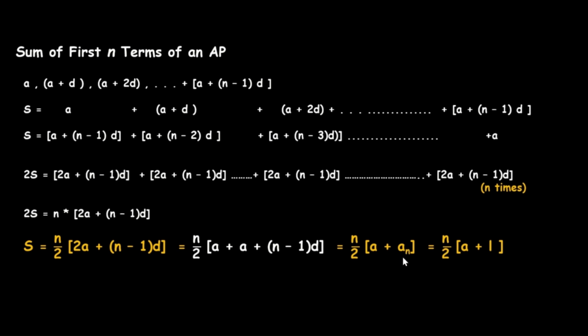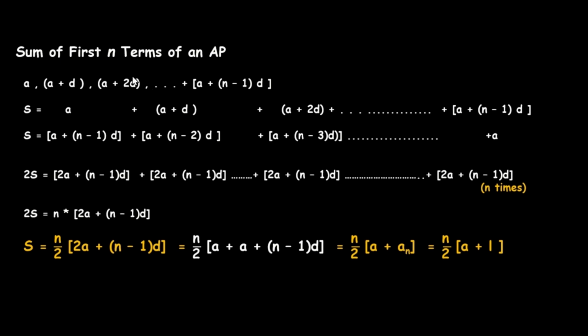And there are two more formulas that can be derived from the main formula. S is equal to n by 2 into (2a plus (n minus 1)d). Let's see how. Here 2a can be written as a plus a. And we know that a plus (n minus 1)d is an, which is the nth term formula. So the main formula can now be simplified into n by 2 into (a plus an).